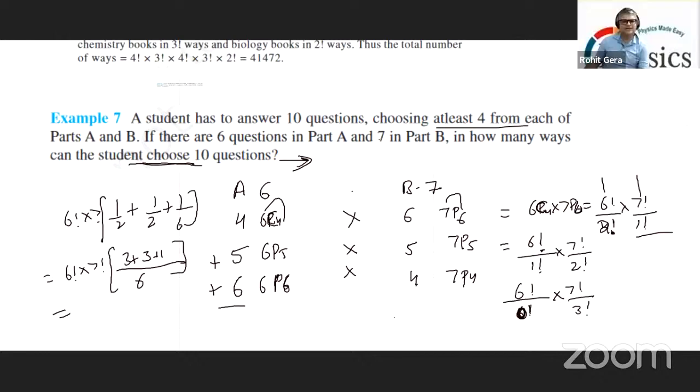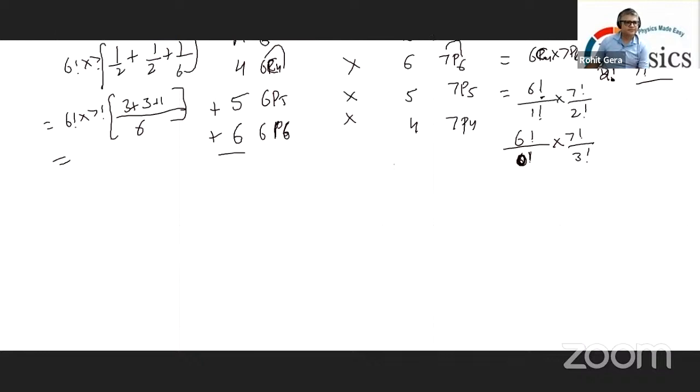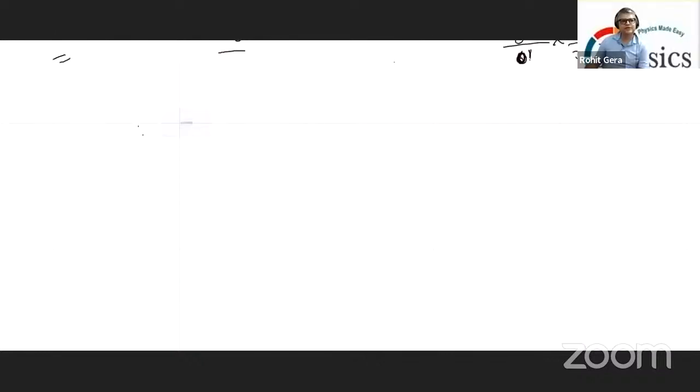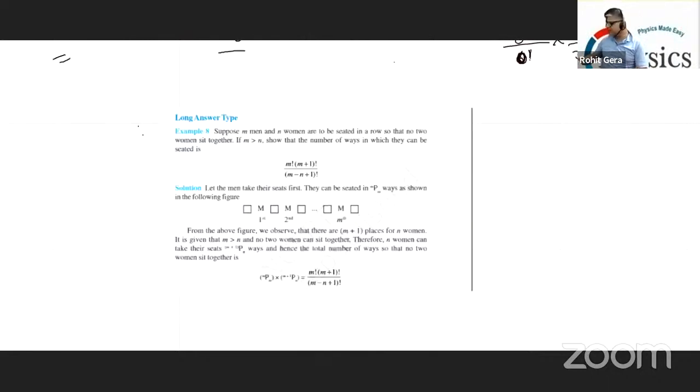The word selection is a good indicator of combination question. It's a keyword actually. Yeah. Next.